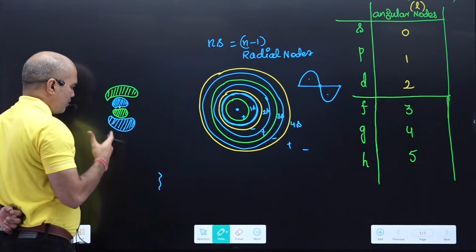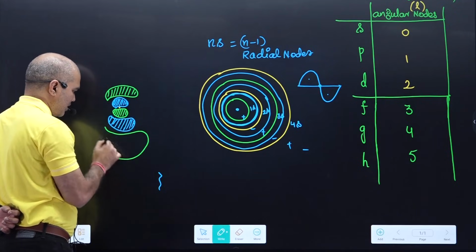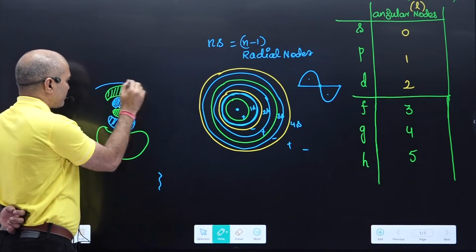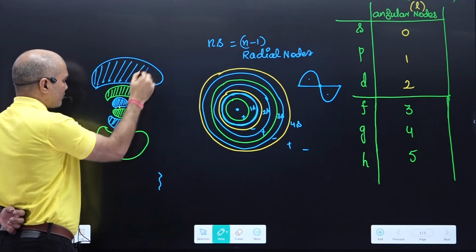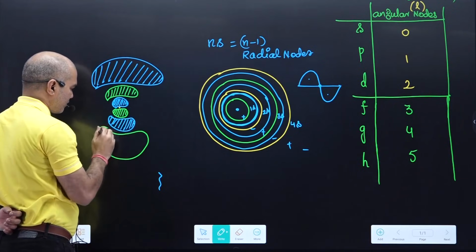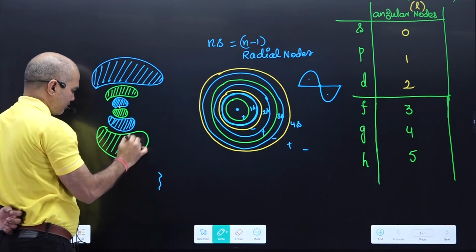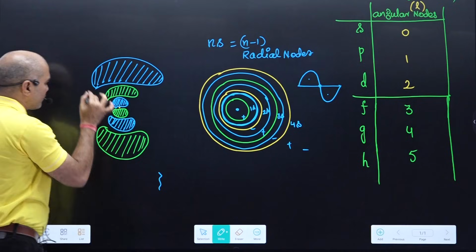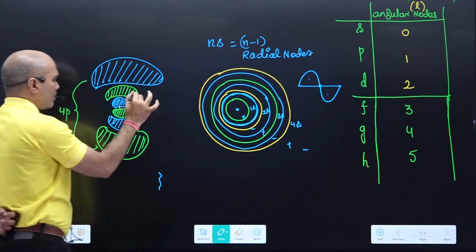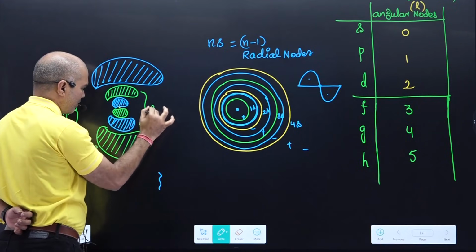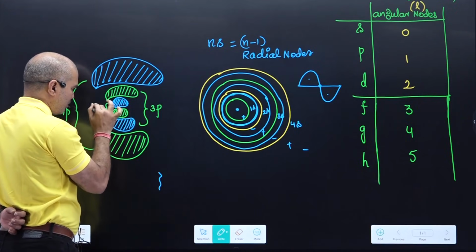So if I draw 4p, 4p will be still larger. These two are of 4p, these two are of 3p, and these two are of 2p.